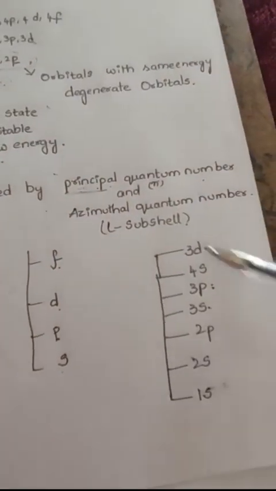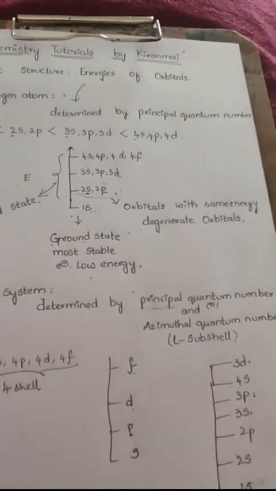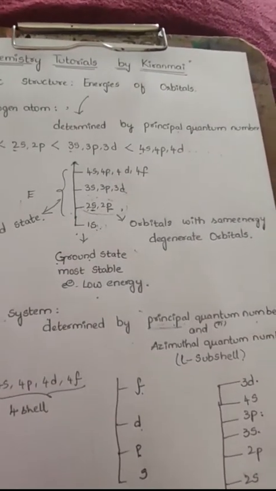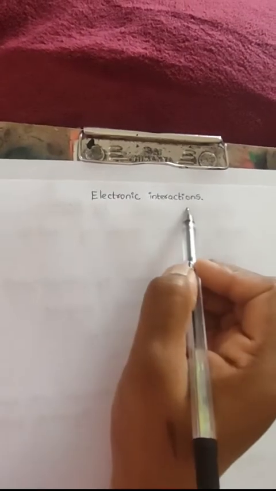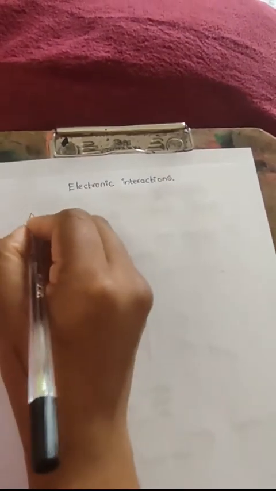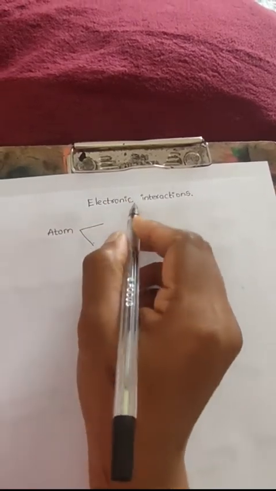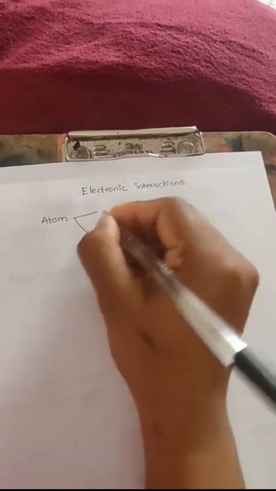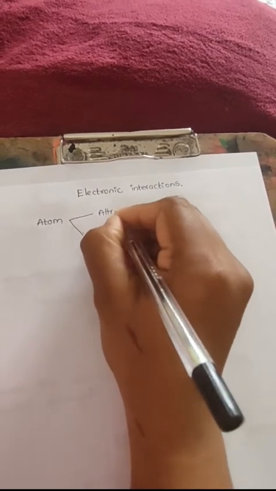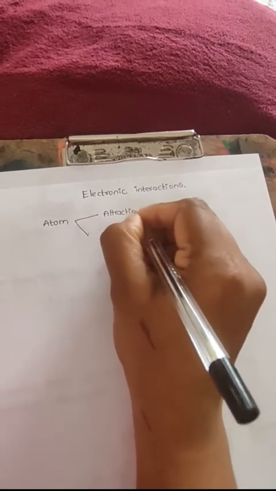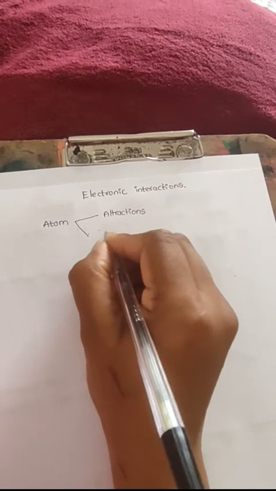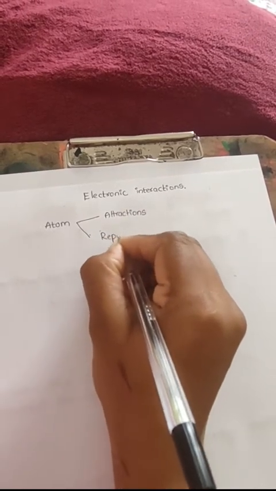This is because of mainly electronic interactions. In an atom we can observe 2 types of electronic interactions: attractions and repulsions.